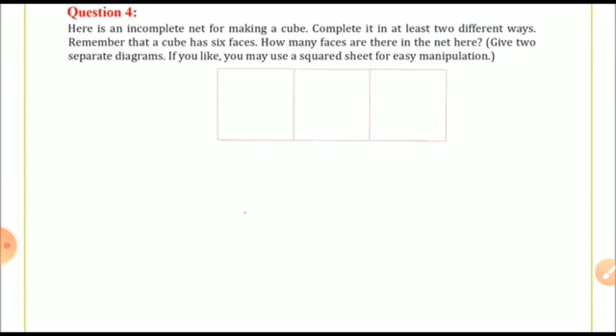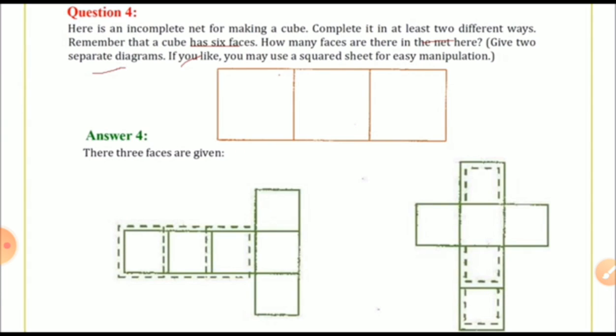Look here, question number 4. Here is an incomplete net for making a cube. Complete it in at least 2 different ways. Remember that a cube has 6 faces. How many faces are there in the net here? Give 2 separate diagrams.